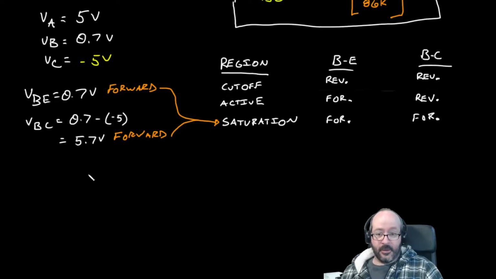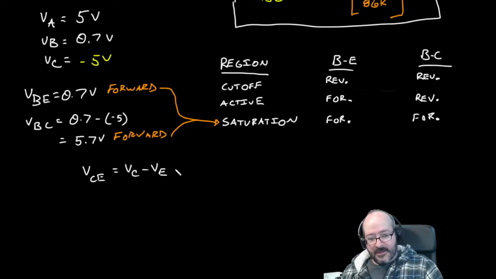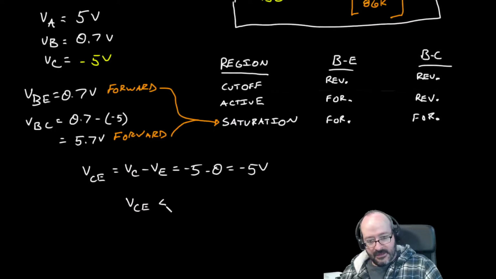The other way, of course, is to look at VCE, and we can say VCE is VC minus VE, which is negative 5, minus 0, which is negative 5 volts. VCE is less than 0 in this case, and therefore we can say saturation.